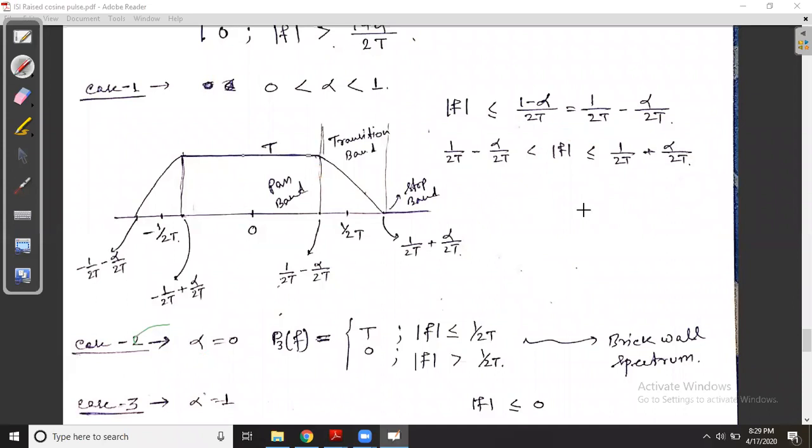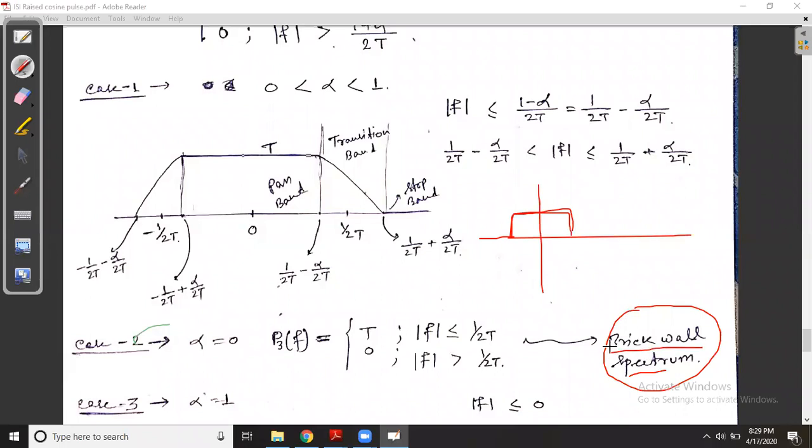This kind of pulse is known as the brick wall spectrum or brick wall pulse. Why is it a spectrum? Because we are discussing in the time-frequency domain. Whenever we are discussing something in the frequency domain, that time you have to use the word spectrum. So this is your spectrum, known as the brick wall spectrum. It is an important term, sometimes asked in the exam: what is a brick wall pulse or spectrum?